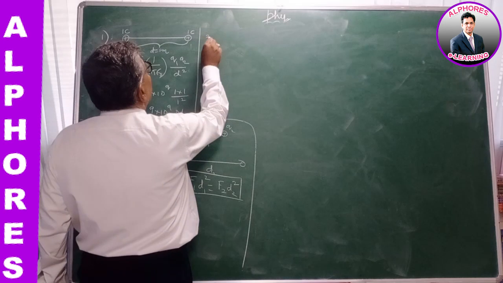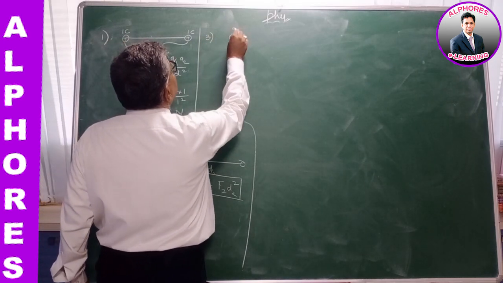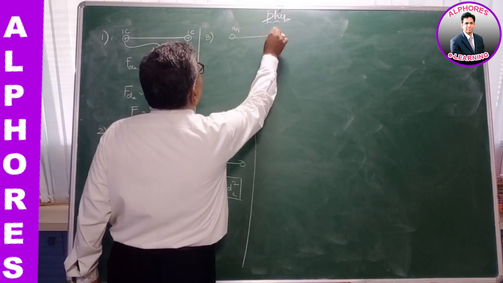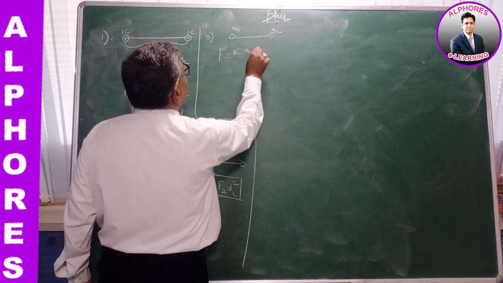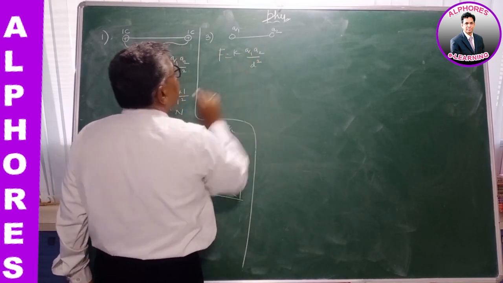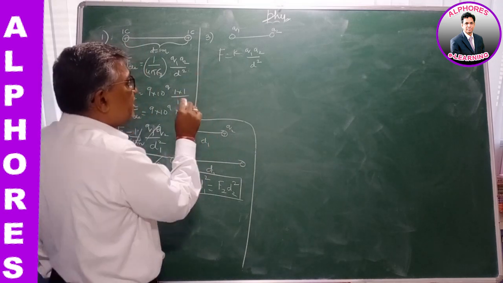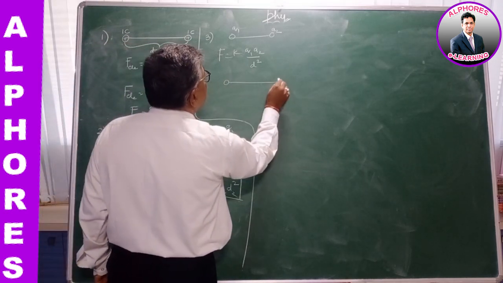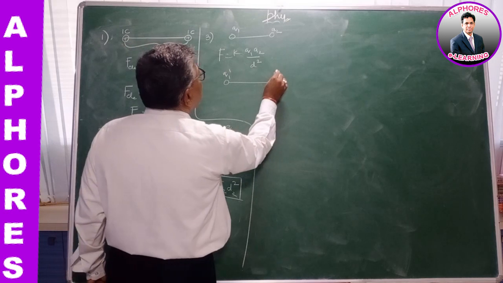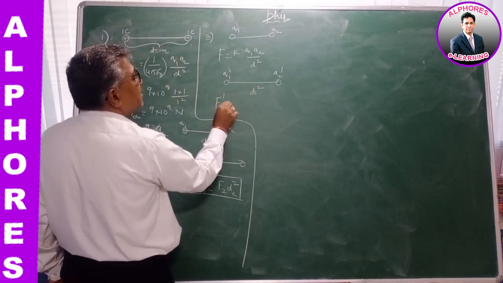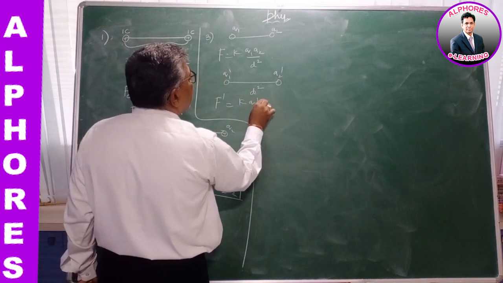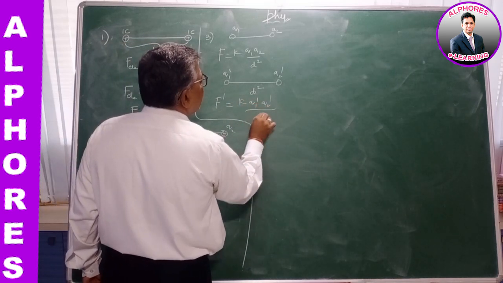Third, suppose there were initially two charges Q1 and Q2, the force between them is K Q1 Q2 by d square. Now the charges are changed to Q1 dash and Q2 dash. For the same distance, the force is F dash. Then it is K Q1 dash Q2 dash by d square.